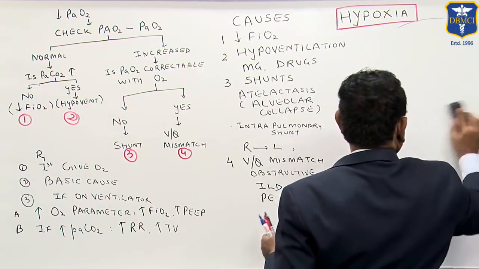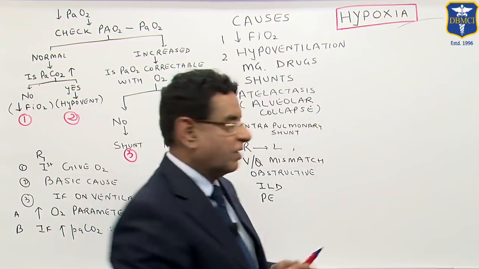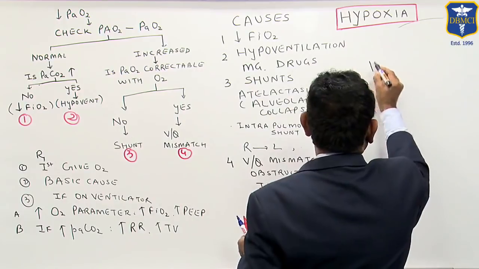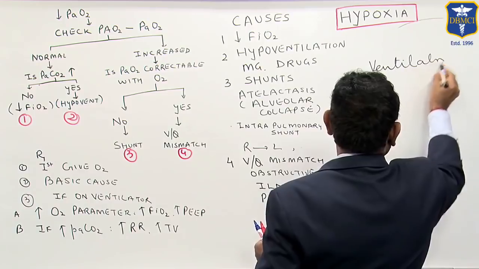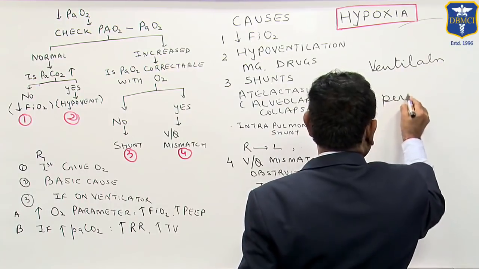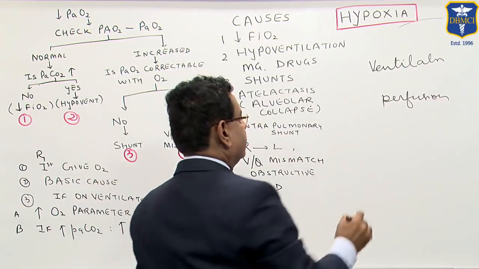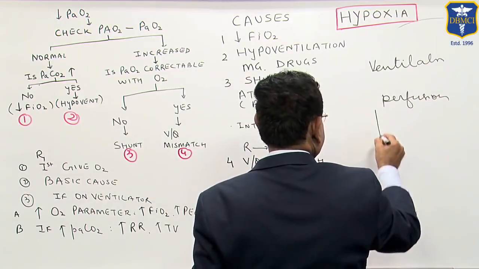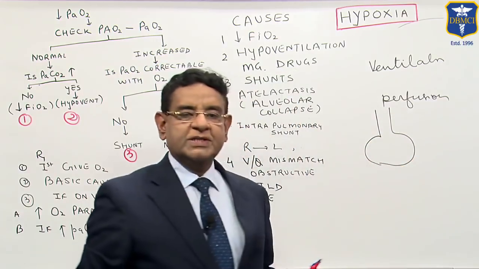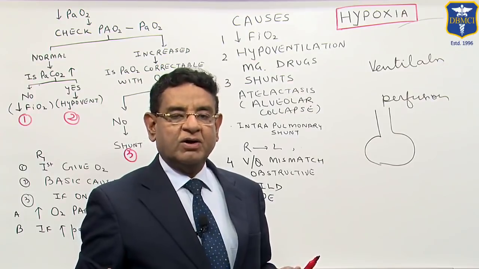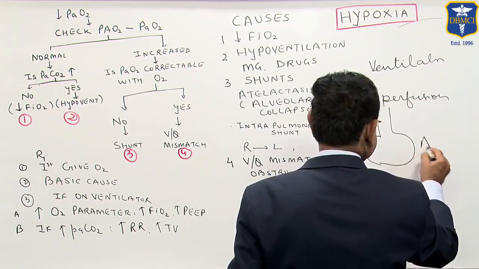Now let me explain to you two terms, some basic concepts. One is ventilation and the other is perfusion. What do you mean by these two terms? Here is the airway. Ultimately from the airway, oxygen comes to the terminal part of the respiratory tract, that is the alveolus, A alveolus.